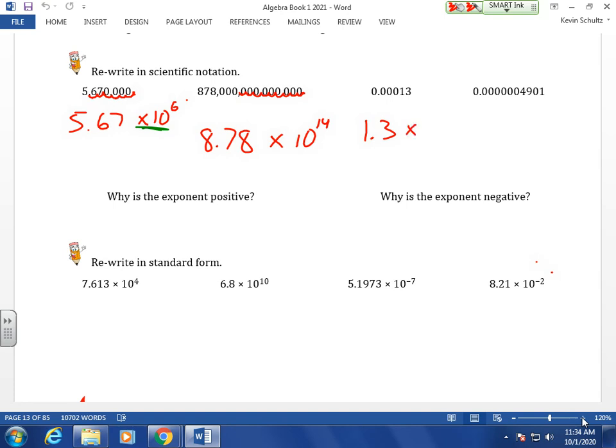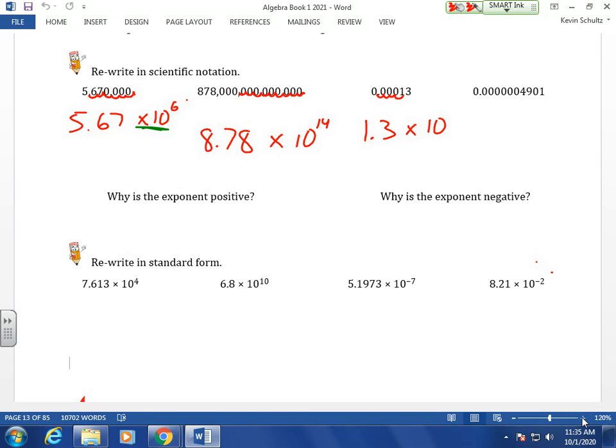But this time, because our number is very small, which direction do we have to move the decimal to get back to 0.00013? Well, we move it to the right to get between the 1 and the 3, but to get back to our original number from 1.3, which direction do we have to move it? Left.